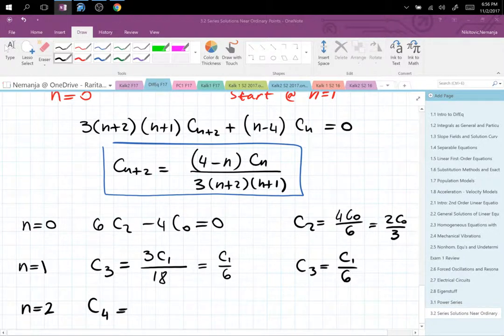N equals 2. Again, plug into the blue box up there. All n's get replaced by 2. We get 2c2 divided by, that's a 4, that's a 3, it's a 9, it's 36. So it's 1 over 18, so c2 over 18. But we know that c2 is 2c0 over 3, and everything over 18.